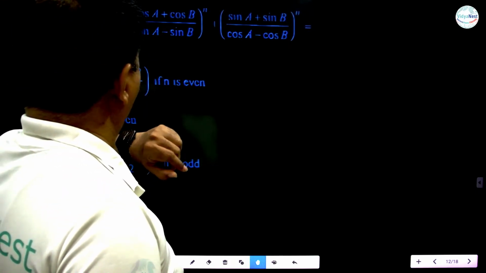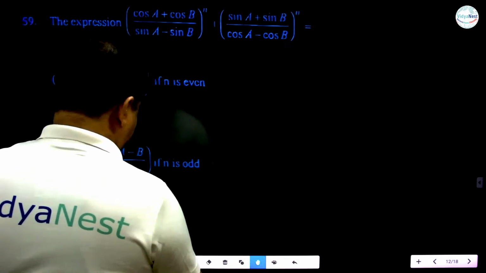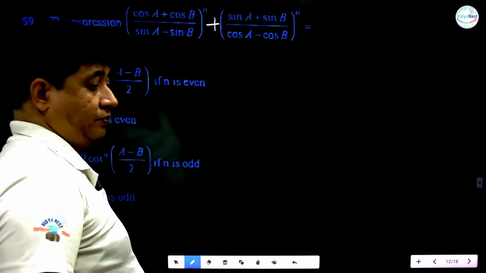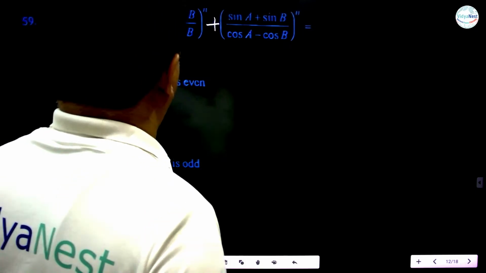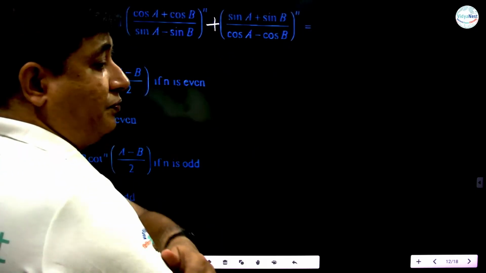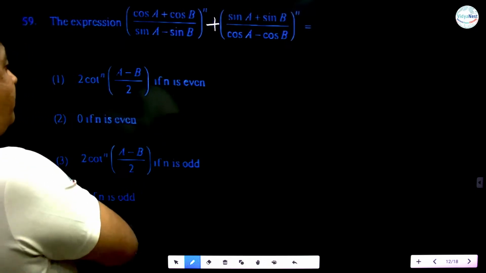Here, one thing, plus, not clearly visible: sin C plus sin D, cos C minus cos D. Okay.